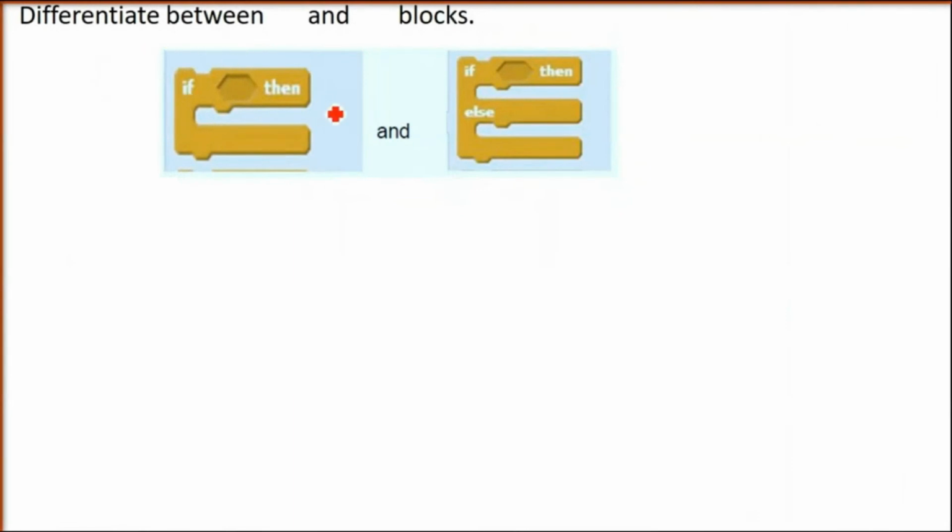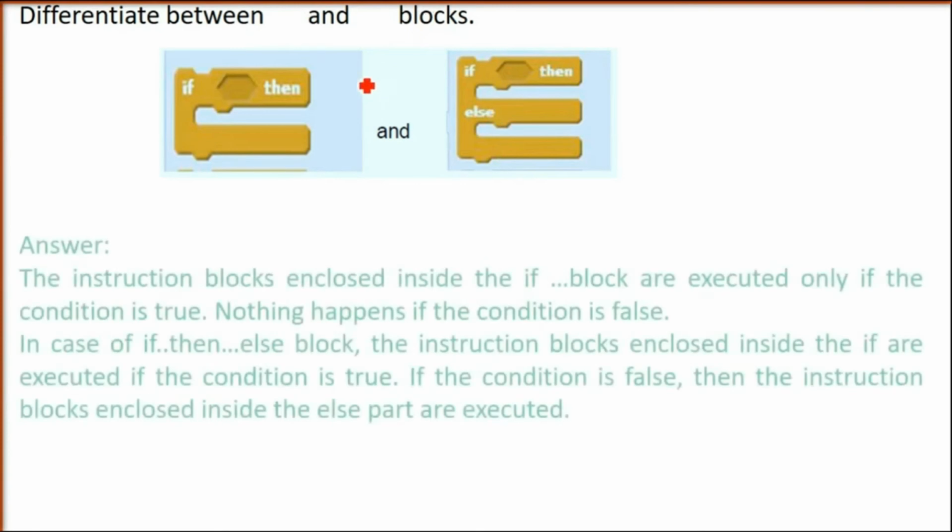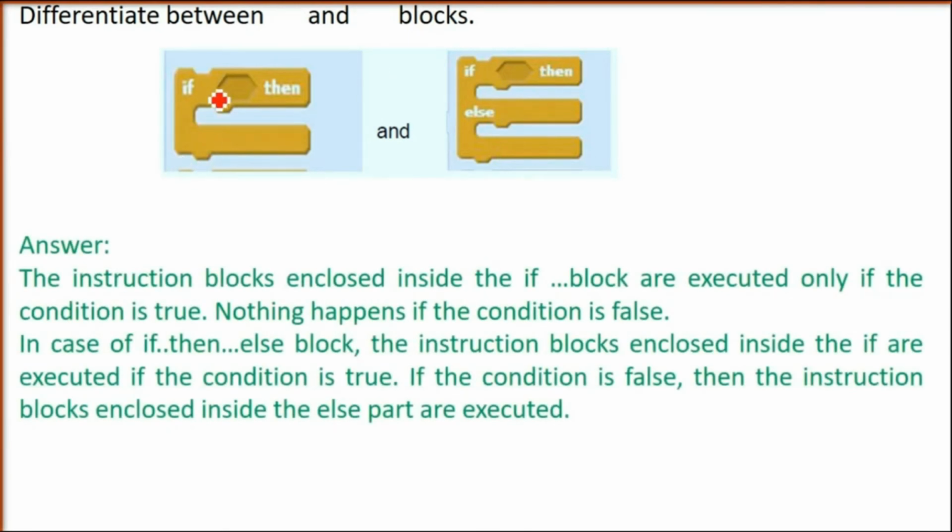Differentiate between if-then and if-then-else blocks. If-then is simple English: if something happens, that is, if this condition is true, then do something.